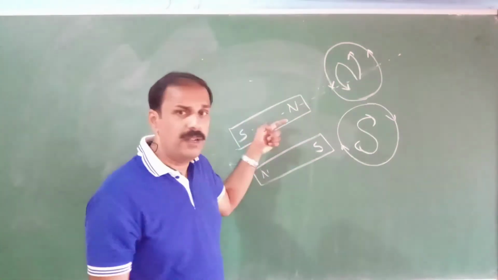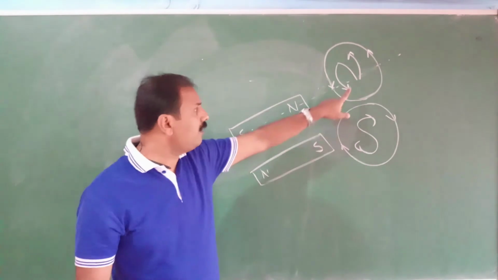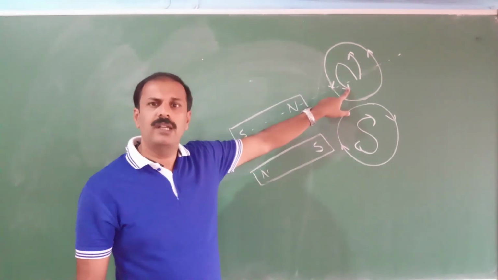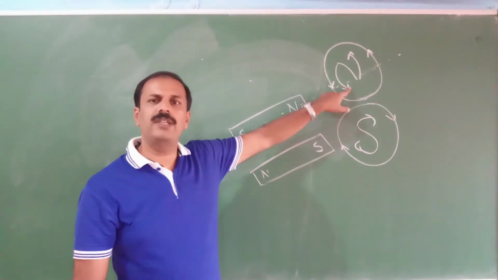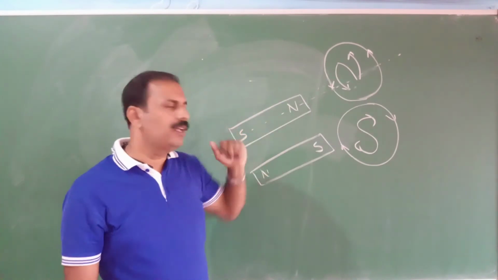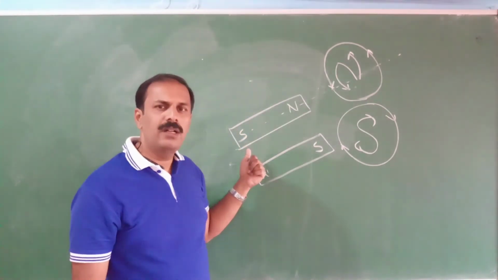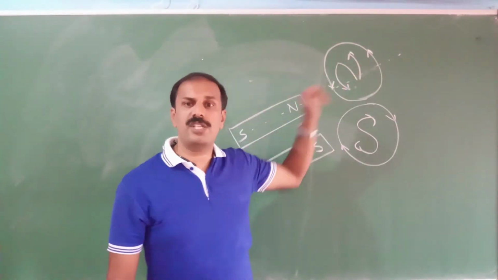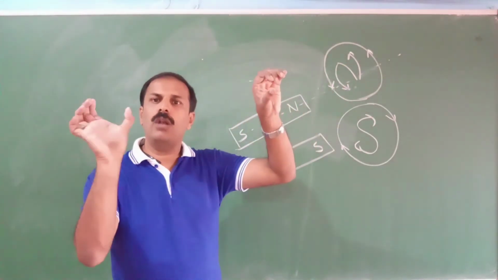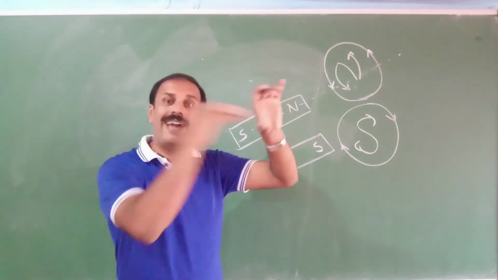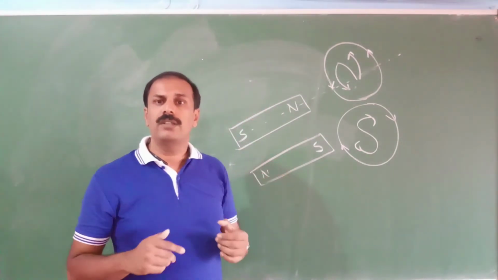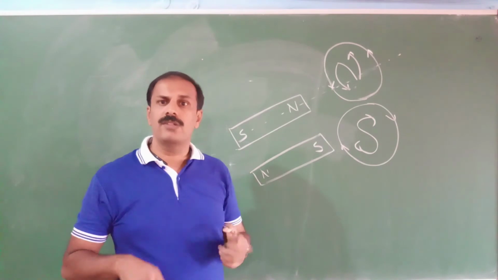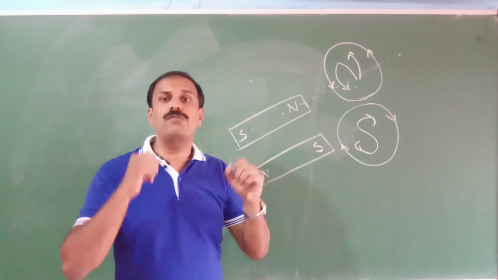If you push this north, in the actual case north is coming. Suppose north is not coming, and south comes here instead. Then if you slowly push from here, this south will attract this north, so it will get accelerated toward that side. That is, with a small push, it will get accelerated. We have the equation F equals ma. So if something is accelerating, there should be some force.